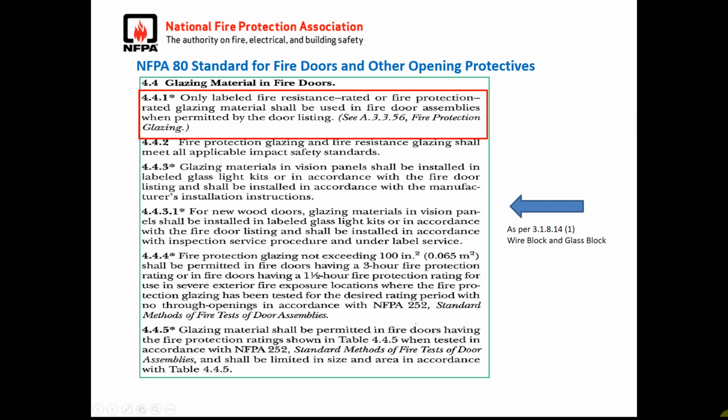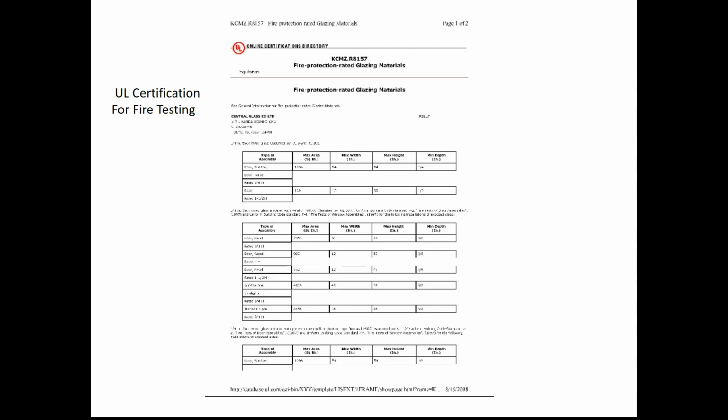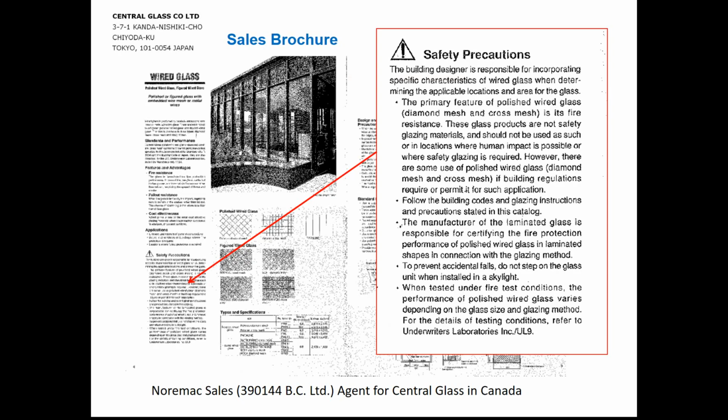So once again, wired glass does not have to be labeled as per any of the standards. And there has been a bit of testing done on wired glass. This is just another one of those safety bulletins that talks about wired glass.